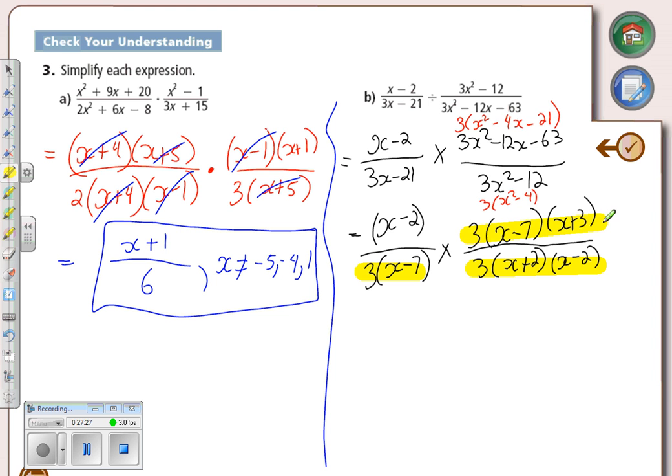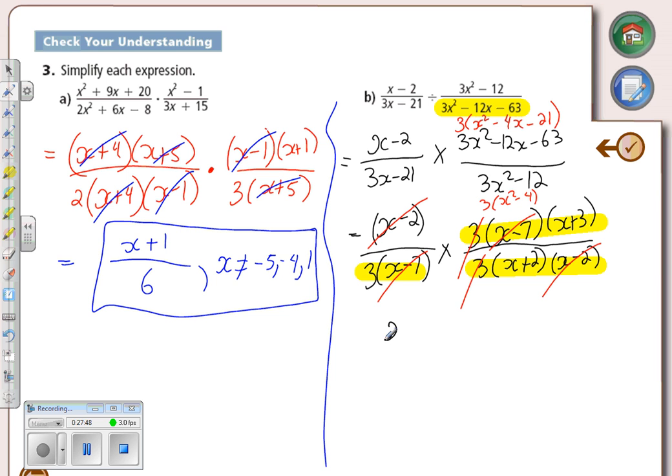So I'm going to have to worry about that one as well, because it was a denominator at one point. Okay, let's start canceling off. I got x minus 2's divide to 1, x minus 7's divide to 1, 3's divide to 1, and that's what I've got left now.